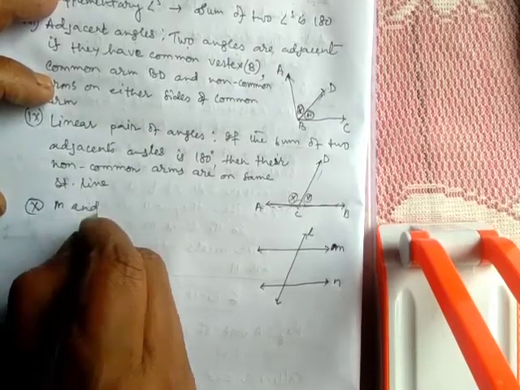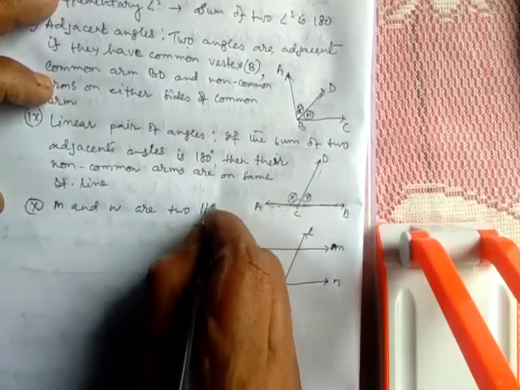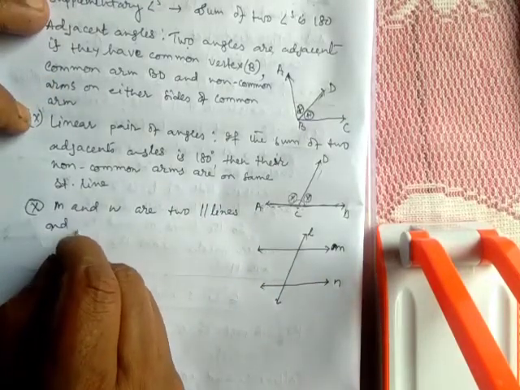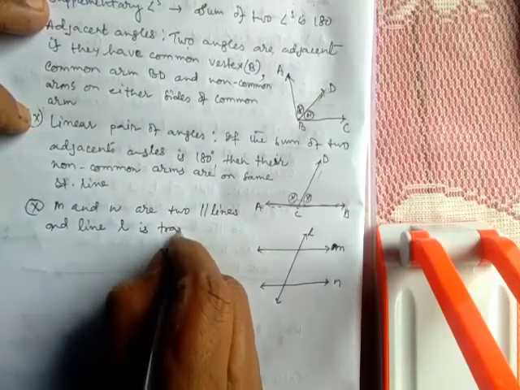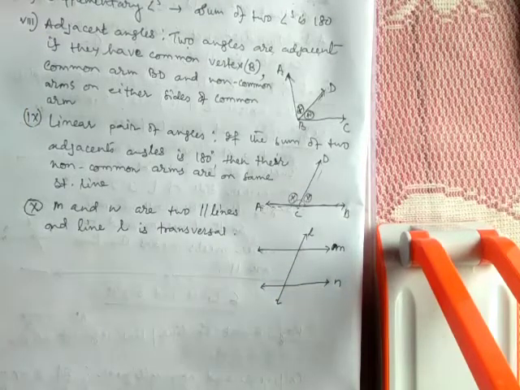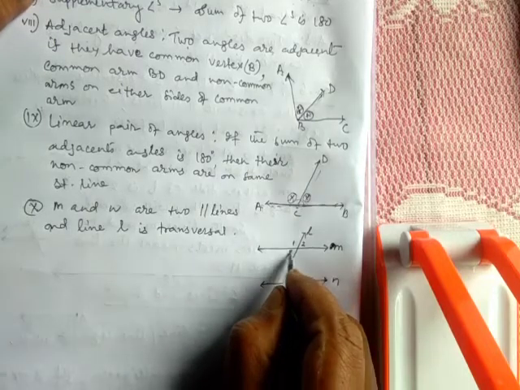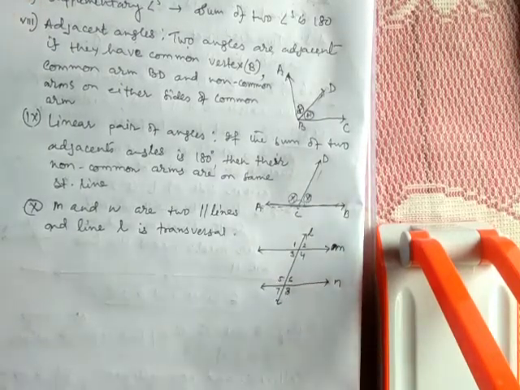M and N are two parallel lines, and line L is the transversal. Then I am just naming the angles 1, 2, 3, 4, 5, 6, 7, 8.